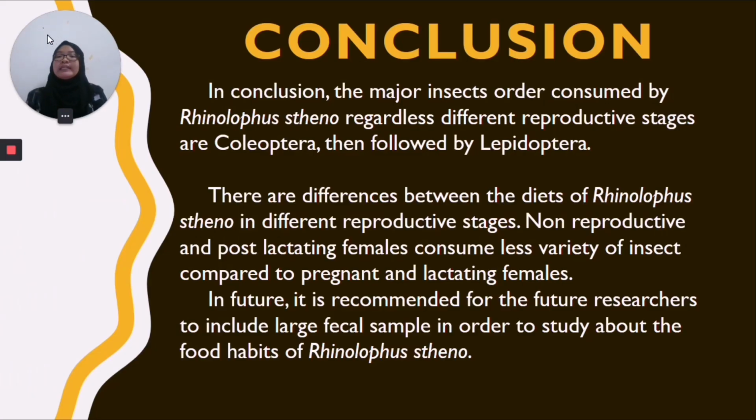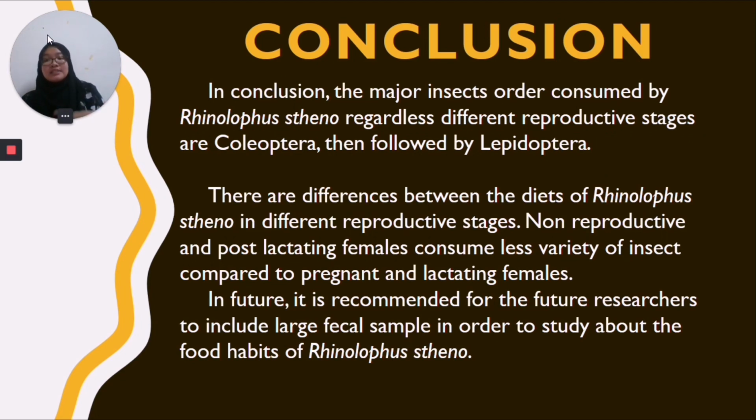In conclusion, I can conclude that the major insect order consumed by Rhinolophus stheno, regardless of different reproductive stages, is Coleoptera. Okay, but there are significant differences between the diet of Rhinolophus stheno in different reproductive stages, where non-reproductive and post-lactating females consume less variety of insects compared to the pregnant and lactating females, because the pregnant ones need more energy because they have offspring inside.